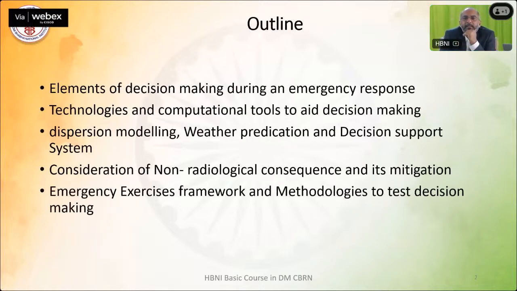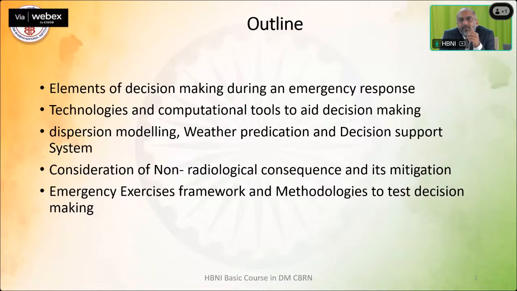I would take this lecture in this sequence. First, I will discuss the elements of decision making during an emergency response, where I would emphasize why we need tools, computational tools and technologies for decision making.